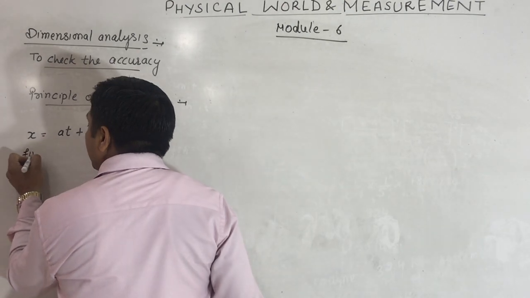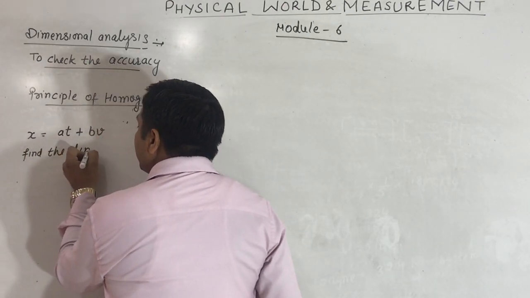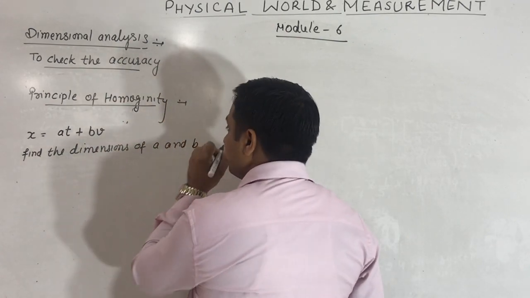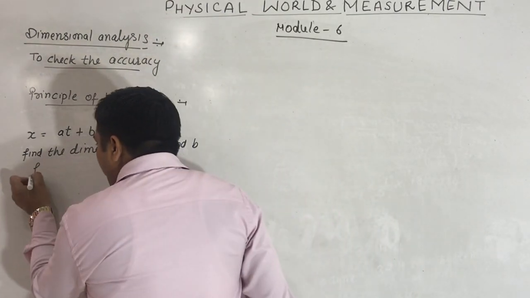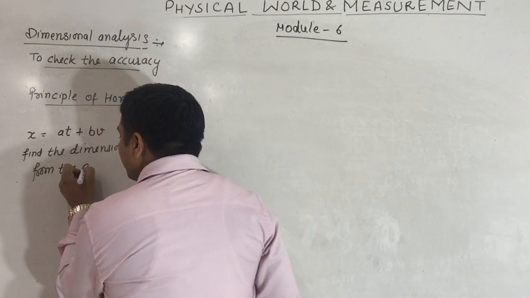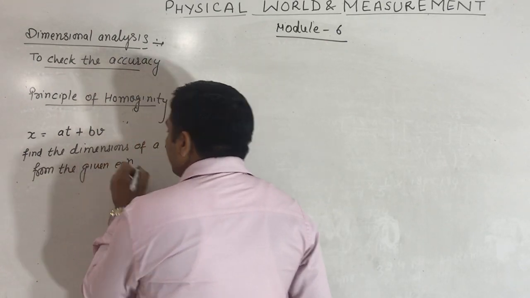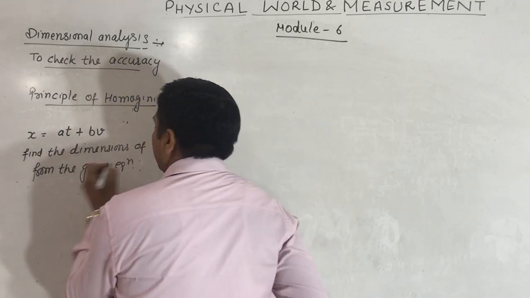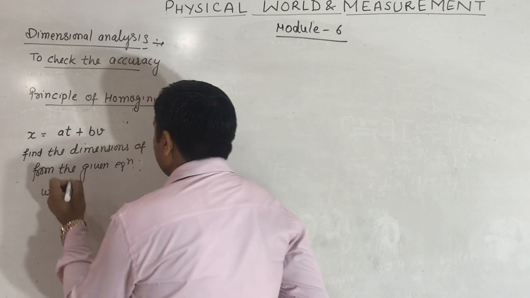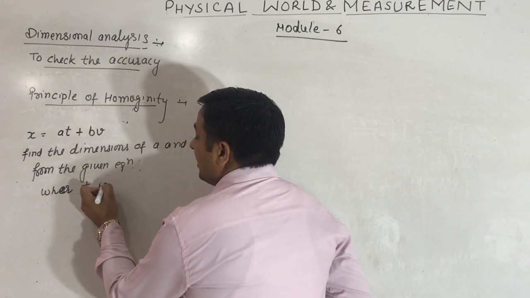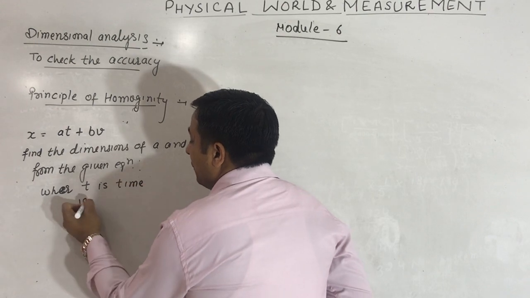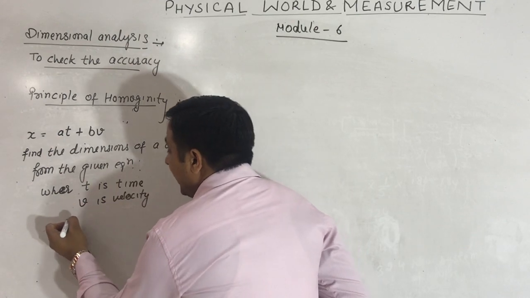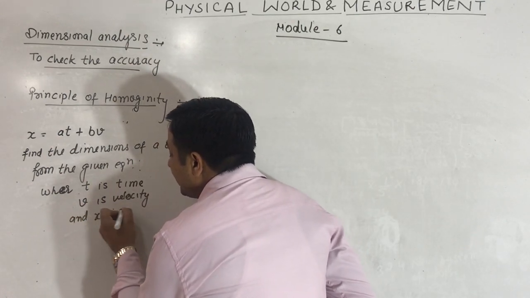The question will be: find the dimensions of A and B from the given equation, where t is time, v is velocity, and x is distance.